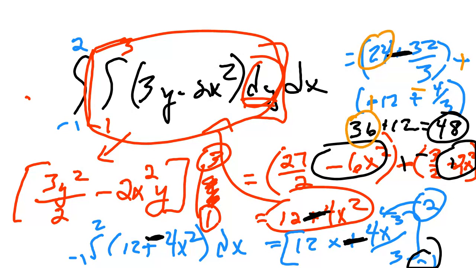I still have that from 24 plus 12, but then minus 32/3 minus 4/3 is minus 36/3, which is minus 12. So that should have been a minus 12. 36 minus 12 is what we want, is 24. And anyway, 24 is the exact answer.